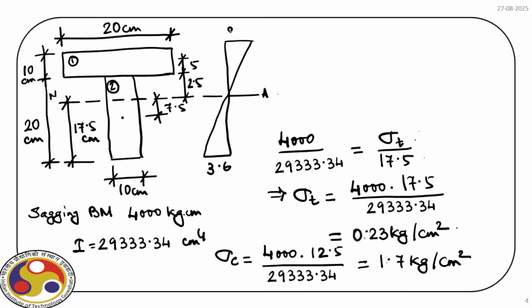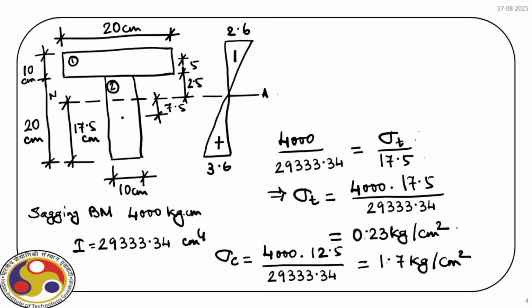So here we have 2.6. As per our nomenclature, we have compression negative and tension positive. So that's the bending stress distribution over the cross section for this built-up section.